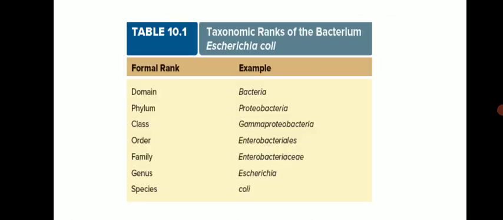This is an example of the taxonomic rank of the bacterium Escherichia coli. It is the classification of Escherichia coli according to taxonomic rank. Escherichia coli is its binomial or scientific name, in which coli represents the species and Escherichia is the genus.